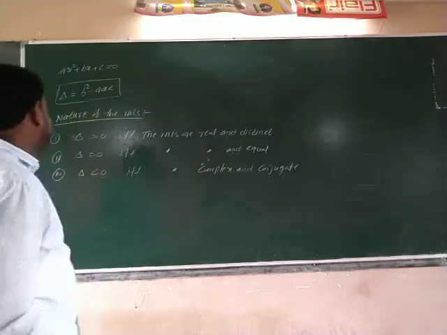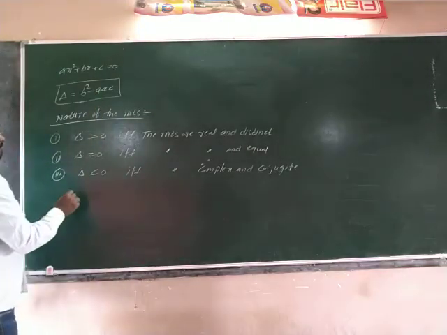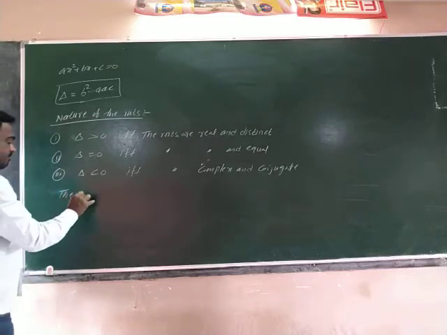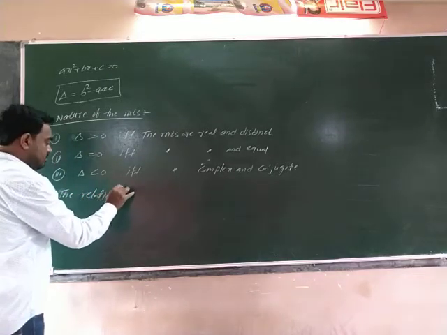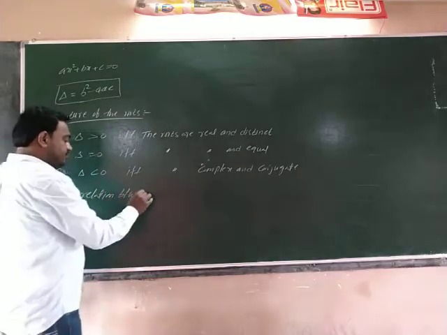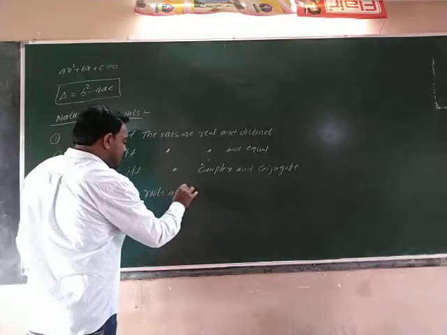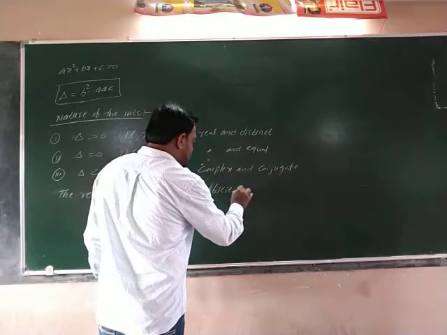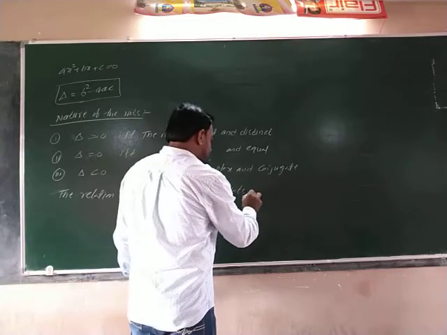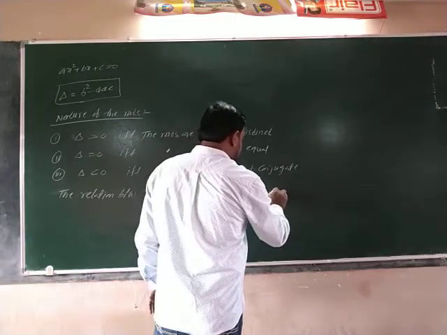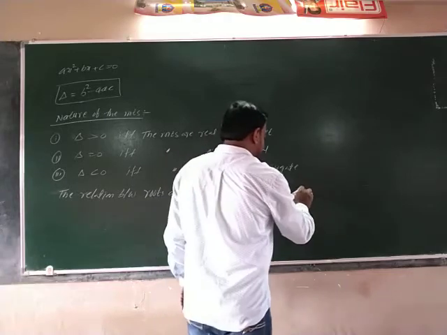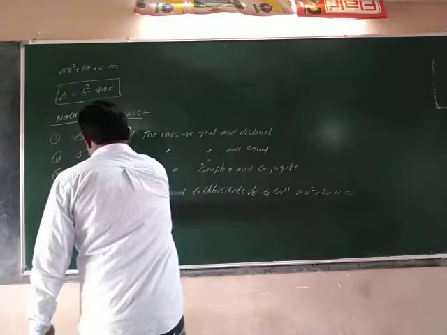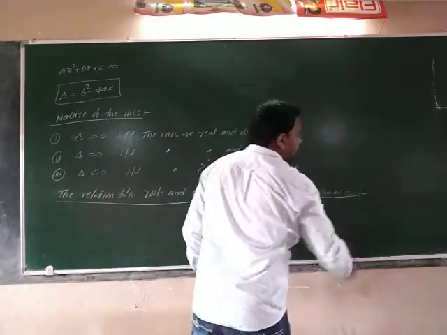Next, fourth, the relation between roots and coefficients of the quadratic equation ax square plus bx plus c equal to 0. This is also one of the important topics.